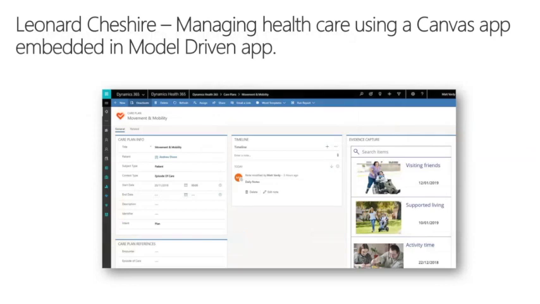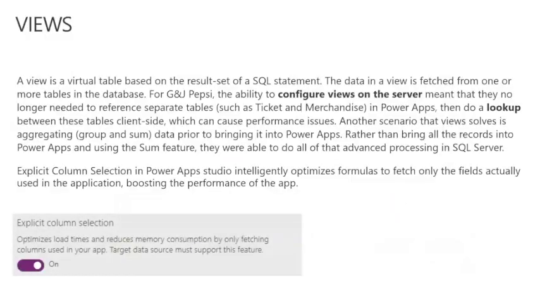Okay, that was SQL. Again, SQL views. Sorry, I didn't talk about explicit column selection that we see in CDS and on SQL. Those are really cool features that you see in the app settings that made the SQL connector a good connector to use. This explicit column selection automatically knew which columns of your particular table were used within your app, and automatically brought only that data back to the client.